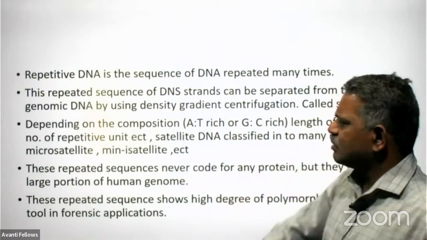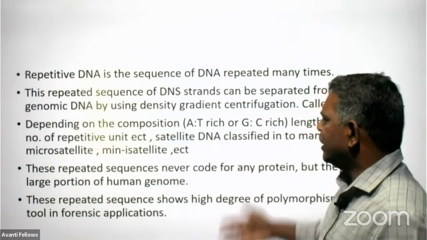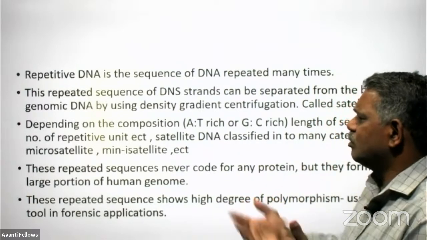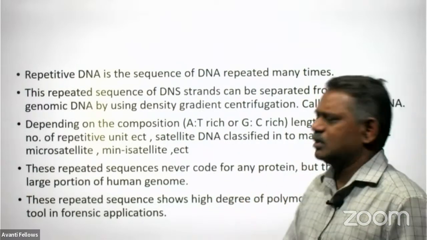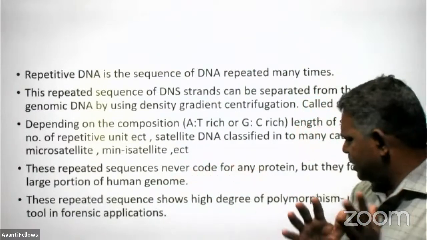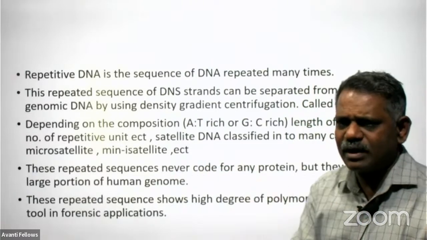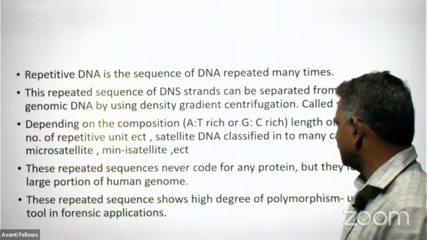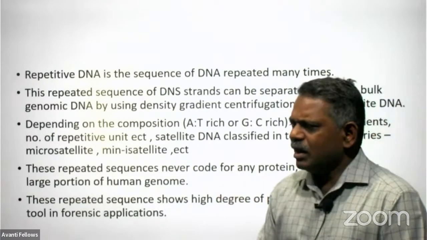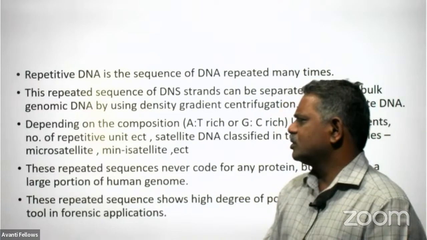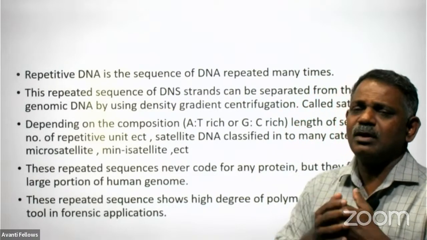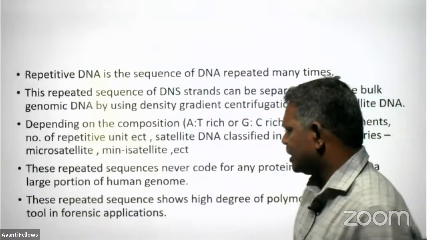According to the length of the segment and the number of repetitive units, satellite DNA can be classified in many ways into microsatellites, minisatellites, etc. This repeated sequence never codes for any type of protein, never goes for transcription or translation, but forms a large portion of the human genome. In every chromosome we can find such repeated sequences.